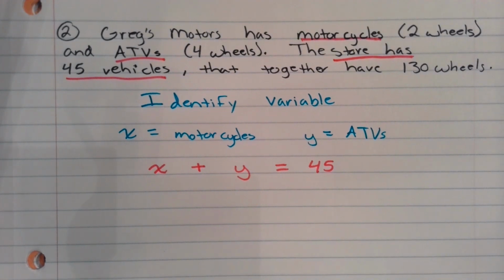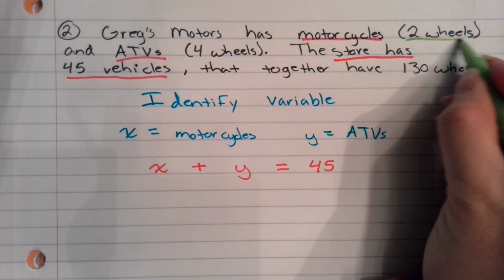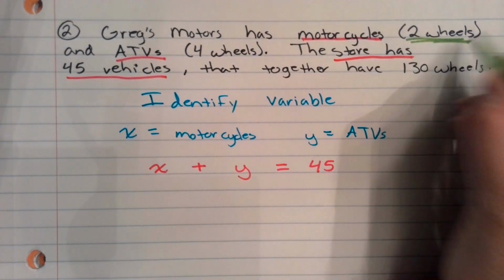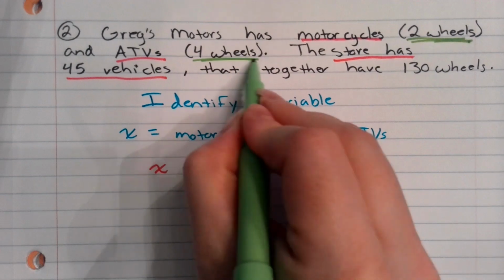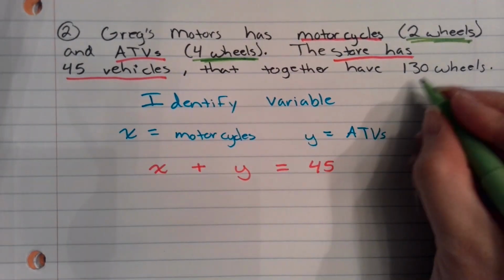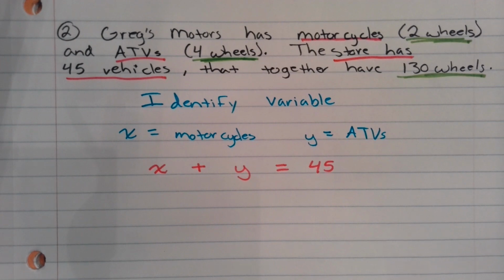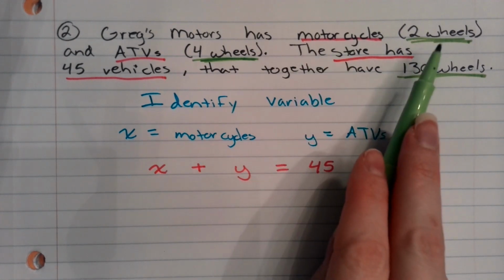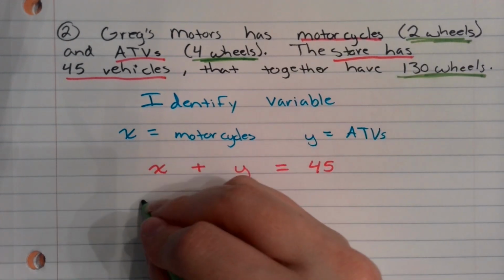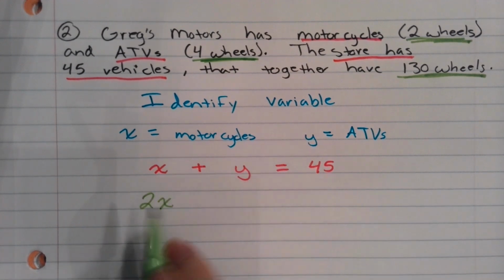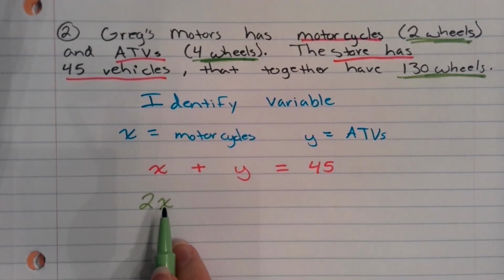Okay, then I need to take note that, hey, all my motorcycles, they have 2 wheels. All my ATVs have 4 wheels, and now I've got a total of 130 wheels. So if my motorcycles have 2 wheels each, that would give me 2x, 2 wheels per motorcycle.